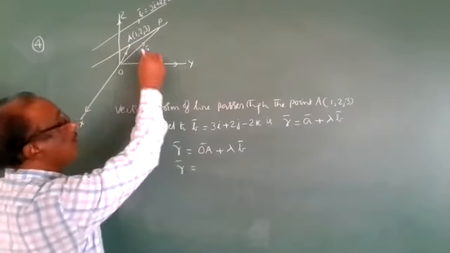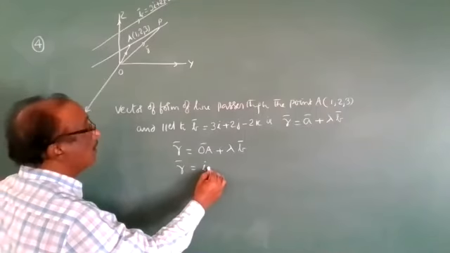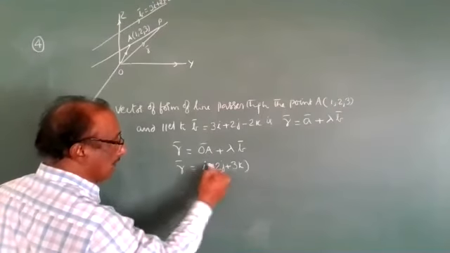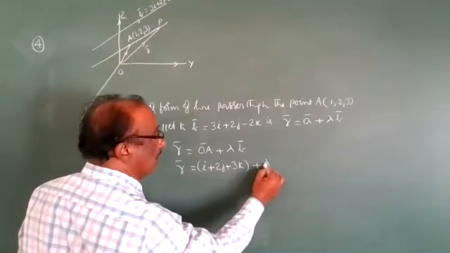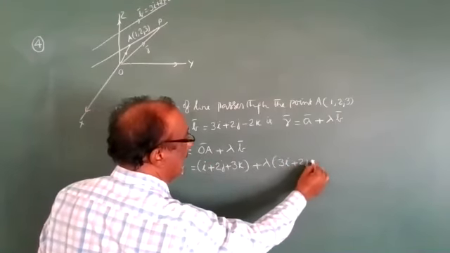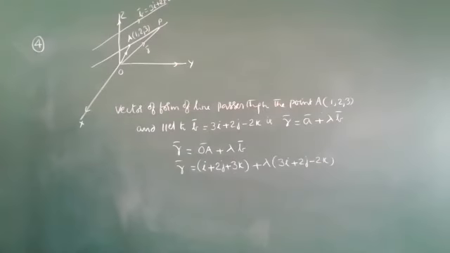OA bar components converted in terms of vectors: 1 into i plus 2 into j plus 3 into k, plus lambda into B bar, that is 3i plus 2j minus 2k. If not mentioned, we find the vector form.